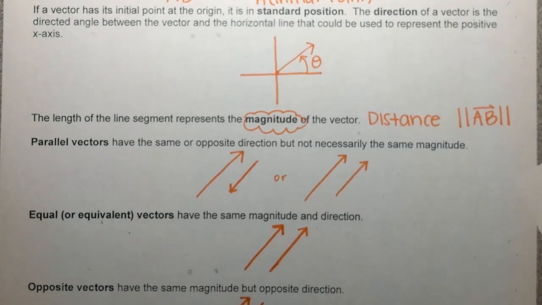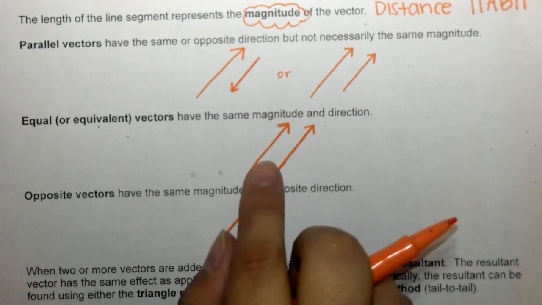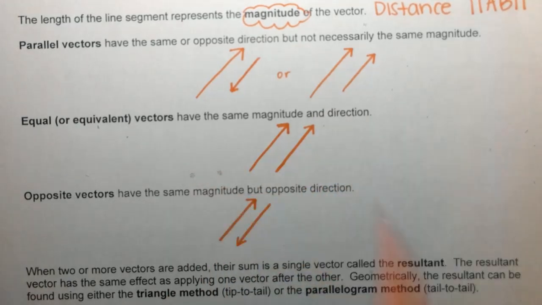Sorry, and technically, I believe these are also parallel, they're considered parallel vectors, but equal vectors and opposite vectors are the better names for them.